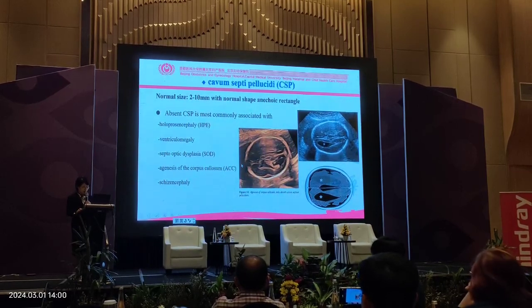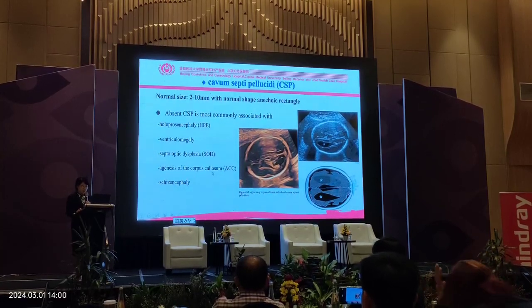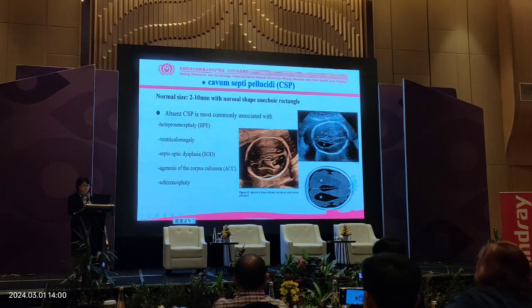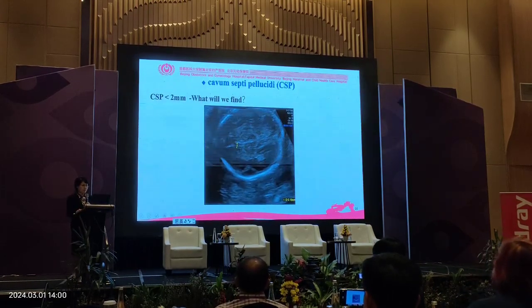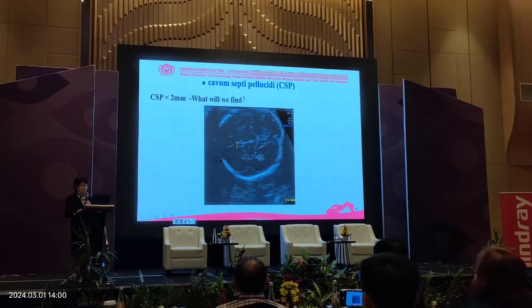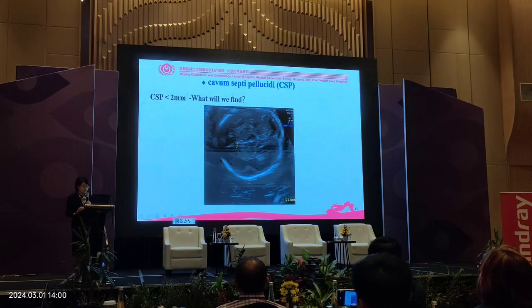So we should consider the CSP as a marker of abnormal central nervous system. So with the CSP below 2 mm, what would we find in this case?